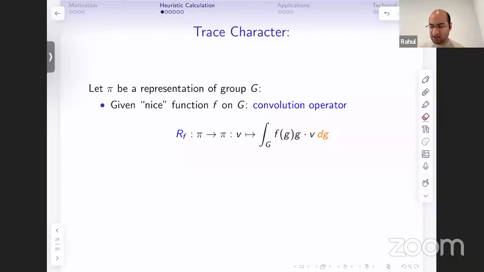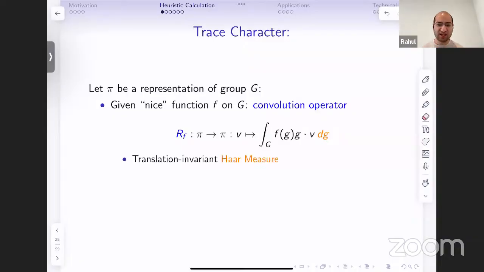So if we have a nice enough function f on G, we can define something called the convolution operator, which I'll denote by R(f). It goes from π to π, and it takes v to the integral over G of f(g) times g acting on v, dg.